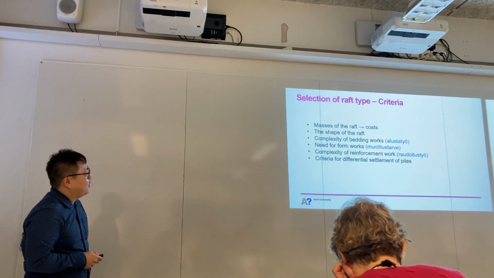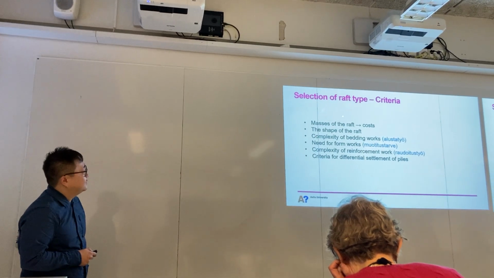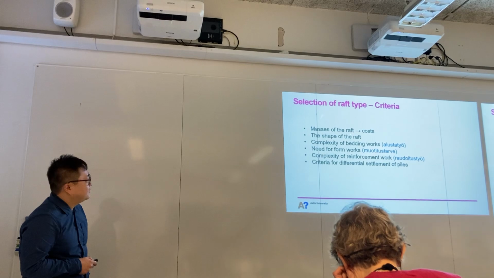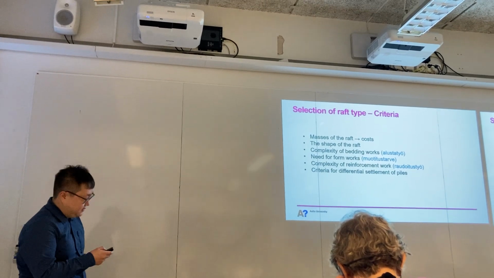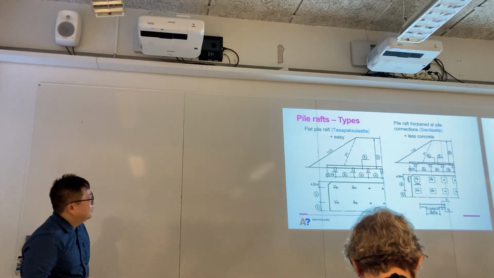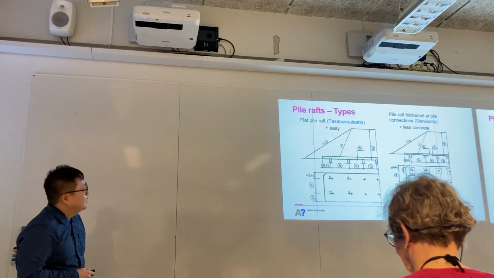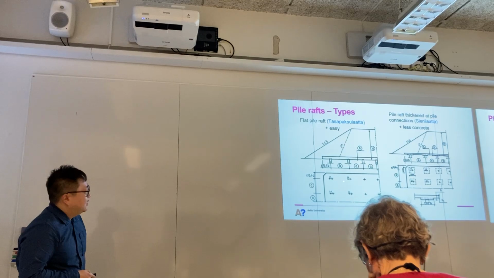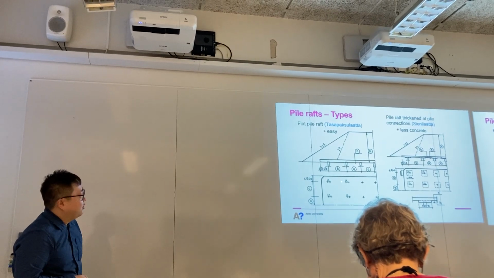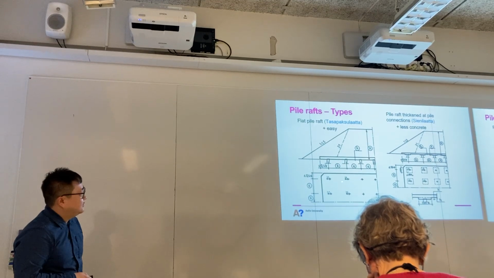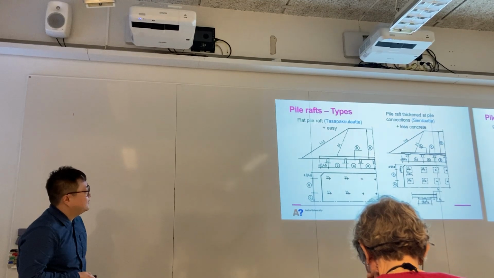There are different criteria for the selection of the raft types, such as the mass of the raft or the shape of the raft. The flat pile raft is easy to construct, but it uses more concrete because the slab looks like this, and it's more expensive.